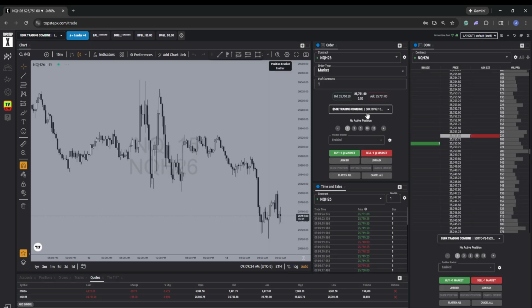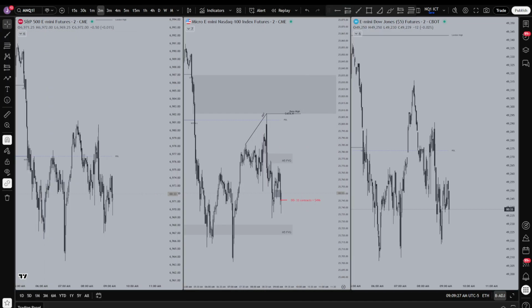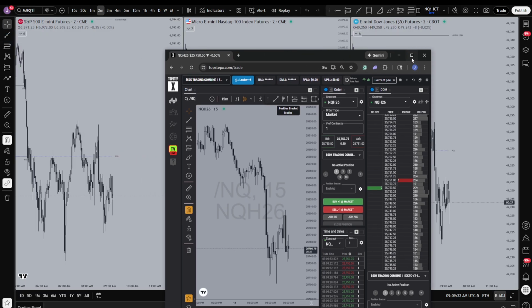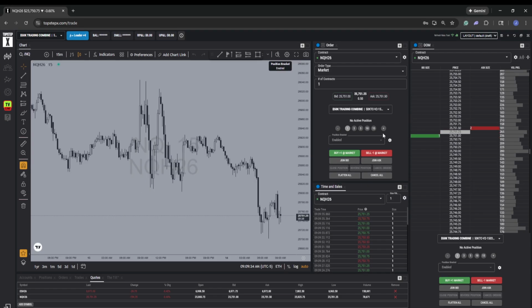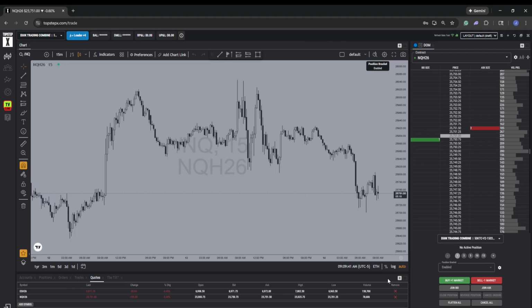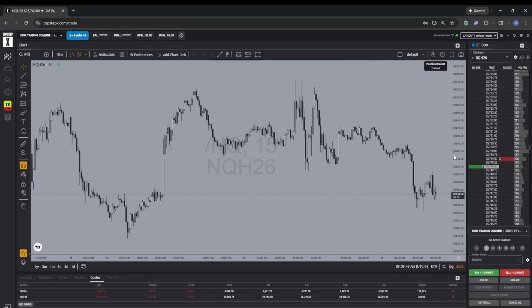Oh, perfect. Thank you, bro. Hit the plus button and just drop a DOM, add the component. You could have it as its own little tab if you wanted to. Perfect, thank you guys.